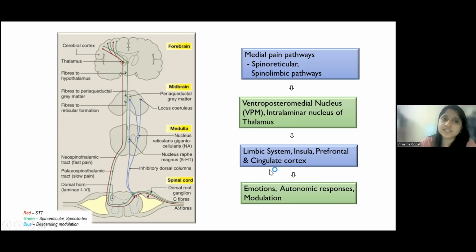So where they project to the cortex is slightly different from the lateral pain pathway. The importance of these medial pain pathways is that they deal with emotions, autonomic responses, and most importantly, modulation of pain. The lateral pain pathway, the spinothalamic tract, deals with knowing the location and severity of pain, whereas the medial pain pathways, spinolimbic and spinoreticular, deal with the emotional and autonomic component, and most importantly, modulation of pain.